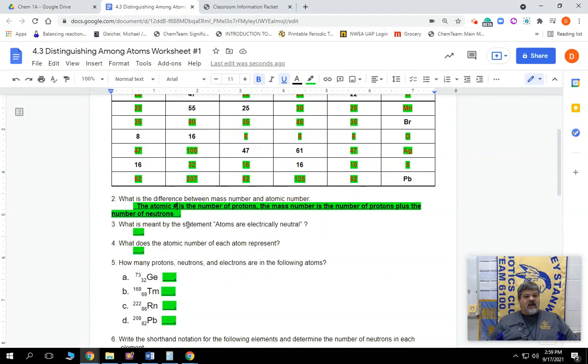So what is meant by the statement atoms are electrically neutral? And this is because the atom has the same number of protons and electrons.